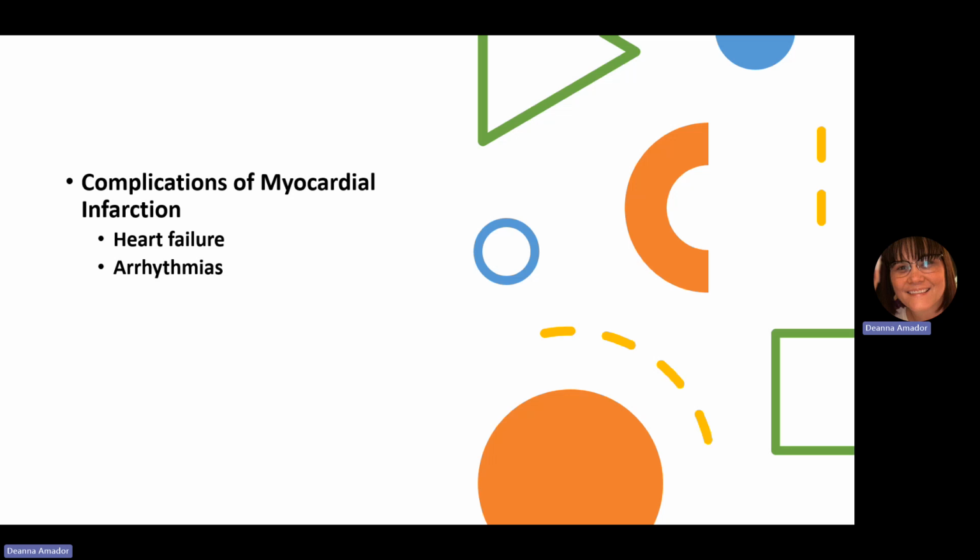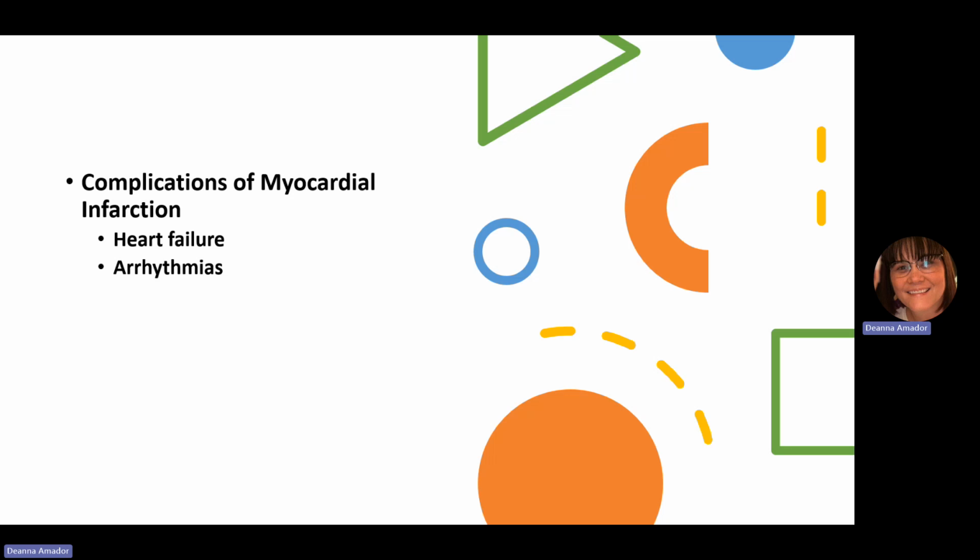So we want to watch for any symptoms that would be the same as heart failure to make sure our patients are not going into heart failure post myocardial infarction. This could even get so bad that they go into cardiogenic shock as well. So really watching our blood pressure and things like that to make sure everything's going okay. These arrhythmias, again, you're messing with the heart.